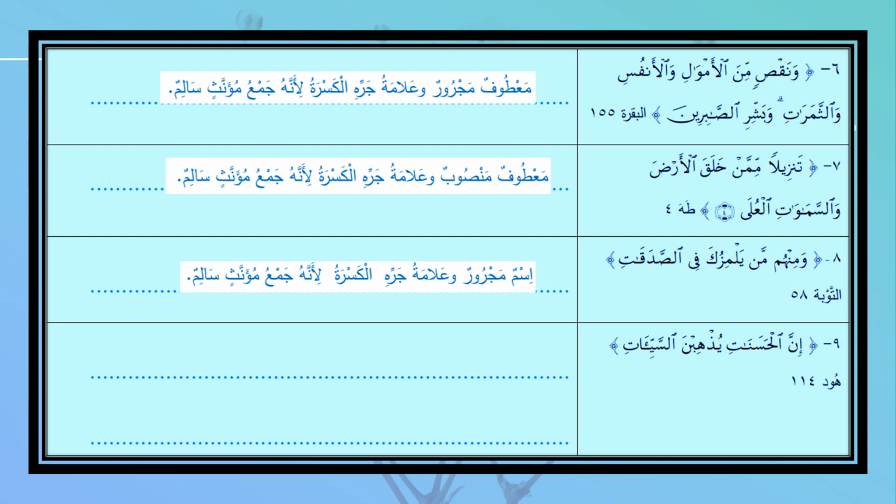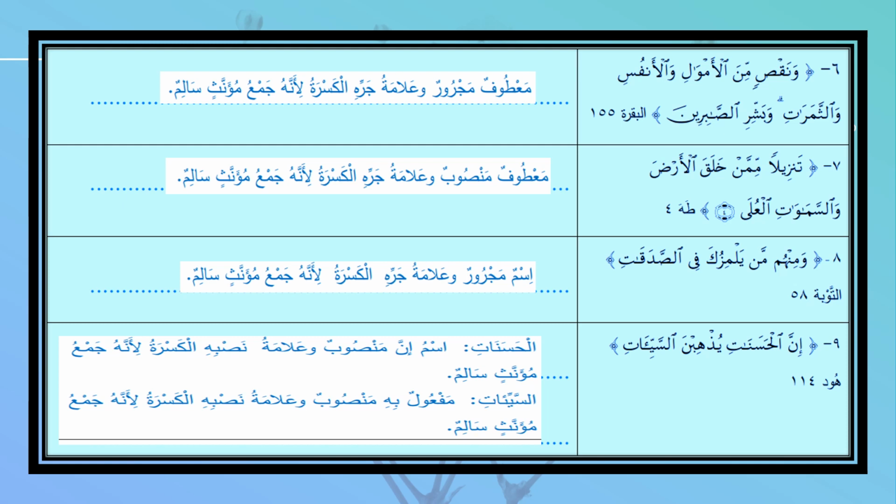إن الحسنات يذهبن السيئات. سيئات means the evil, and this is Jama Muannas. So it's coming from يذهبن. إن الحسنات يذهبن السيئات. Let's check the Arab. حسنات اسم إن. Okay, this is also Jama Muannas.